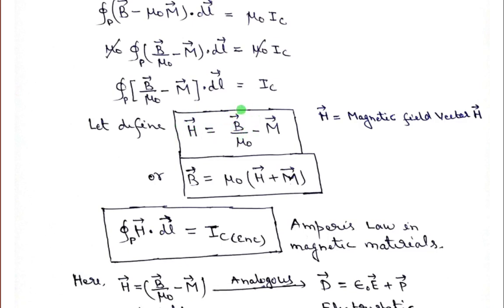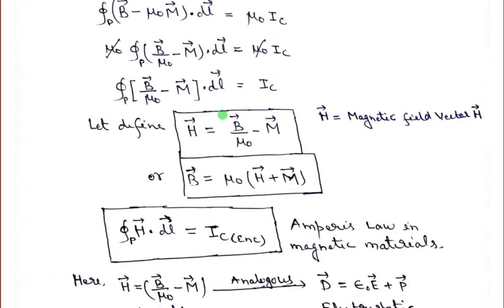One can say B is a flux density vector, because the surface integral of B dot dA is associated with the flux, but I feel you should simply call it magnetic field vector B, and for H simply call it magnetic field vector H.